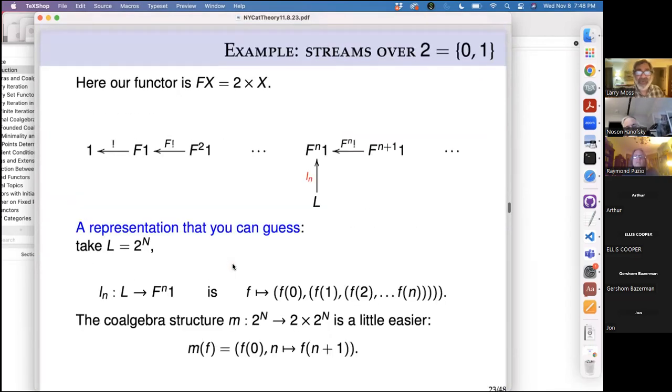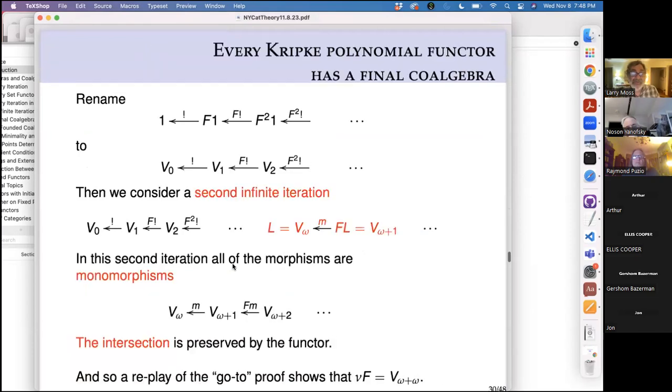And that means that you could iterate this thing again. You iterate a second infinite batch. And now all these are subsets of each other, and you can take the limit of that sequence, and that is preserved by the functor, because that's like a decreasing sequence of sets, and you can easily check that the finite power set preserves that. So then the same argument shows that that limit is the final coalgebra.